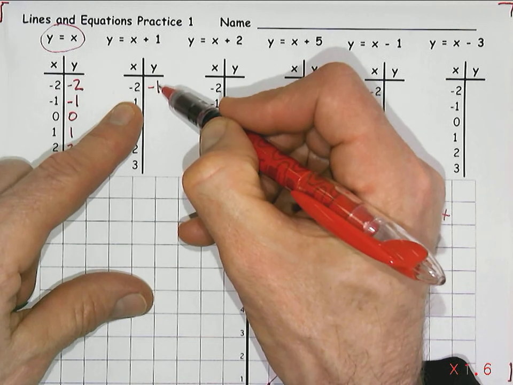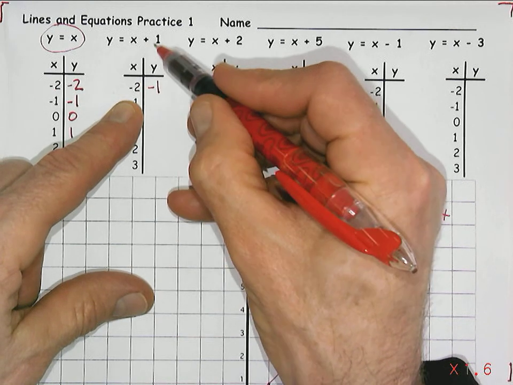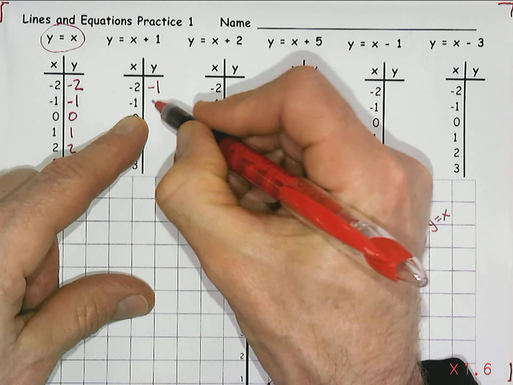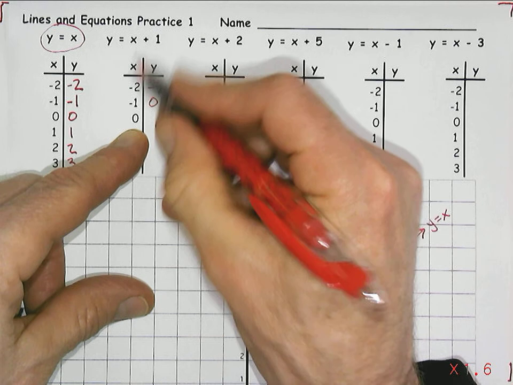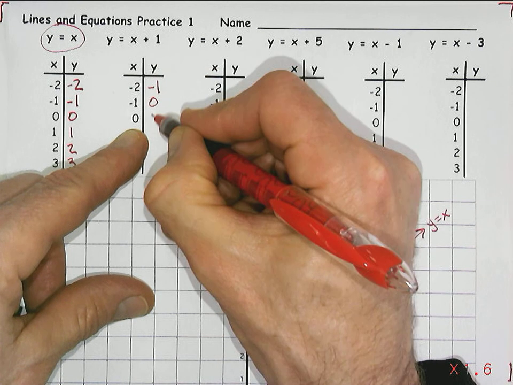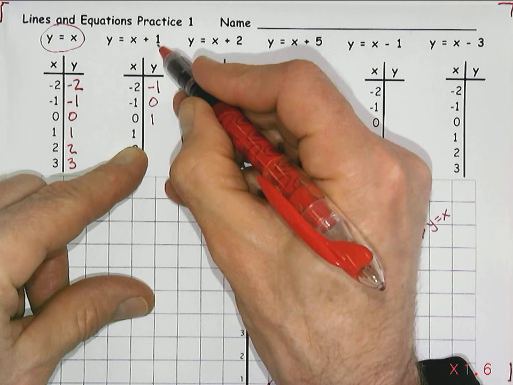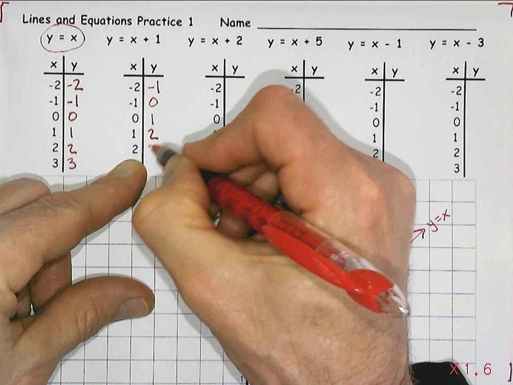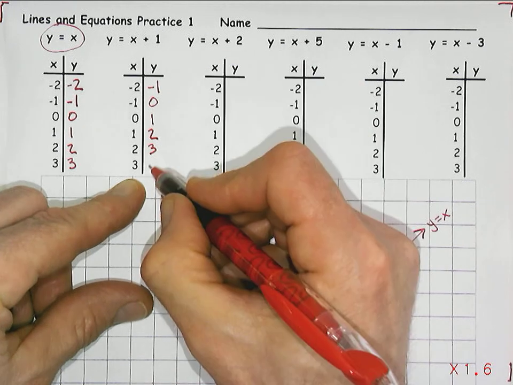So that's the value of y when x is negative 2. When x is negative 1, negative 1 plus 1 is 0. When x is 0, 0 plus 1 is 1. 1 plus 1 is 2. 2 plus 1 is 3. 3 plus 1 is 4.